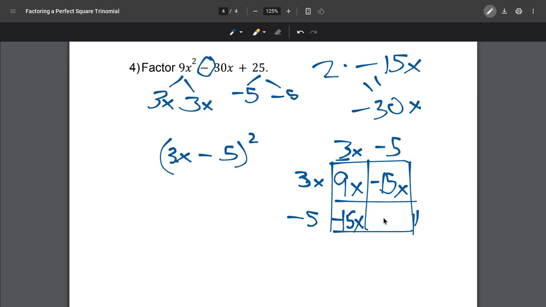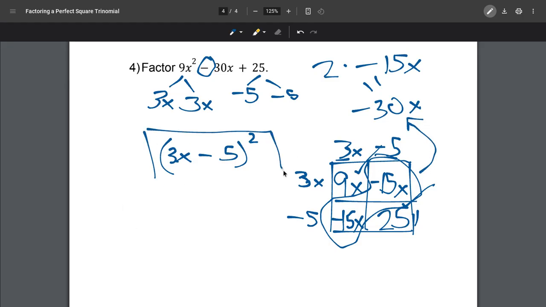And negative 5 times negative 5 is positive 25. We've got our first term here, our last term here, and these two terms add to the negative 30x in the center. So this here is the correct factored form of 9x squared minus 30x plus 25.